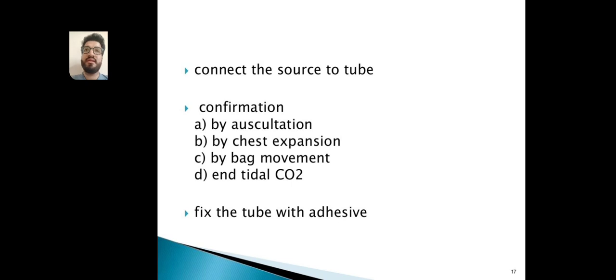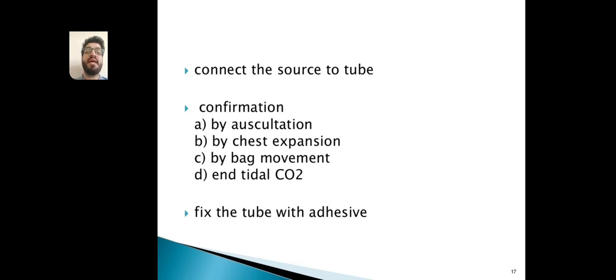If the lungs are being ventilated, then our chest will expand in size, so we can watch for that as well. Also, the bag by which we are ventilating the patient will show movement. And we also have a monitoring method which we call capnography, in which we monitor the expired carbon dioxide.